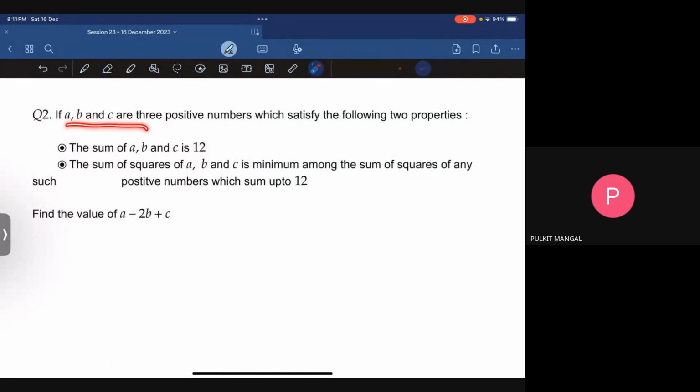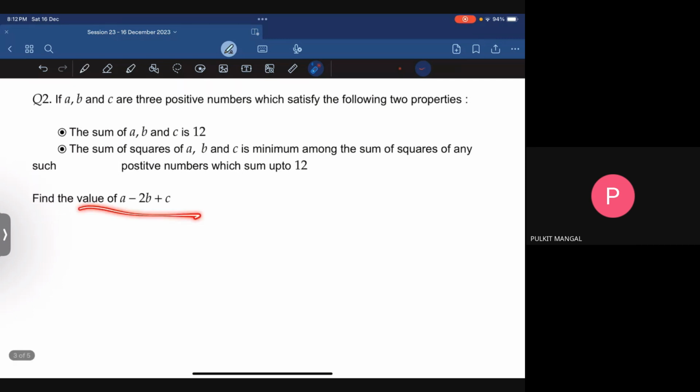We have three positive integers which satisfy the following properties: the sum of a, b, and c is 12, and the sum of squares of a, b, and c is minimum among the sums of squares of any such positive numbers which sum up to 12.